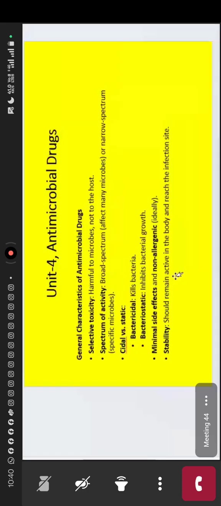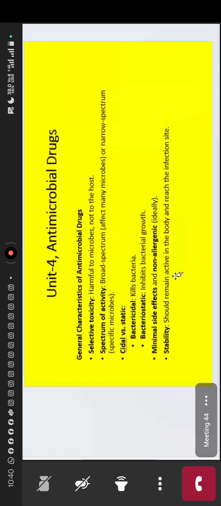It is effective against many microbes. But if I'm talking about narrow spectrum, it means the antibiotic is effective against only a specific microorganism. This antibiotic is specific to that bacteria or that virus only. Clear? So it is about the spectrum.